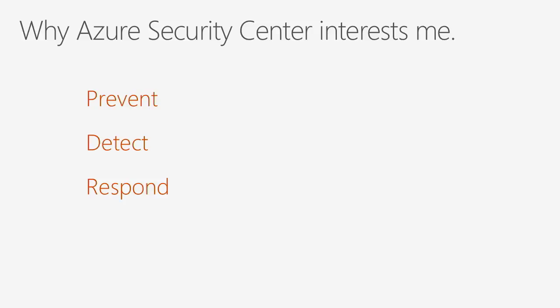But I'm coming from the perspective of saying, I like what I see here, and why do I see it being beneficial? I come from this perspective, where you see prevention, detection, and response. I want to be able to know what's going on out there in the environment I'm looking after. I want to make sure it's got all the things it needs to protect itself. If somebody's doing something new in that environment, from the outside in, I want to be able to see that happening now.